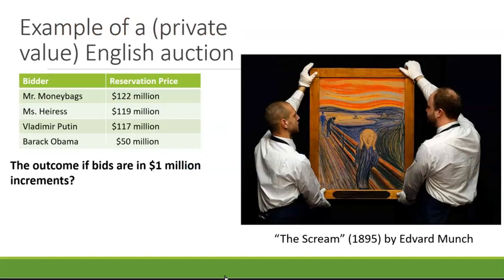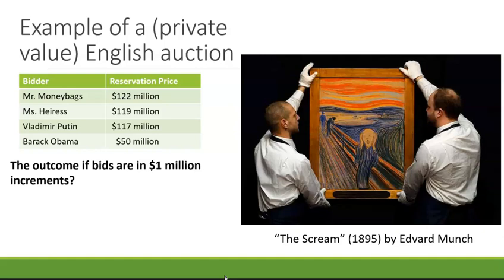Let's just look at an example of a private value English auction, a hypothetical case, and let's suppose that we have what are called bid increments. Typically, in the case of items that have very high value, nobody's going to be interested in wasting their time with very low bid increments.